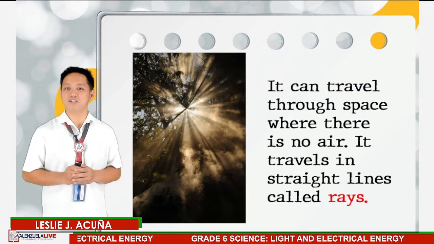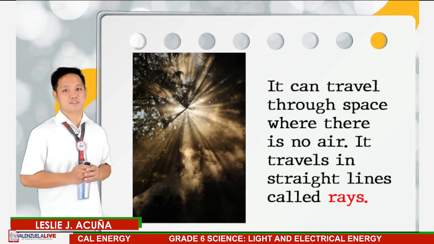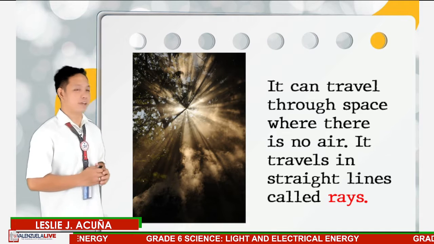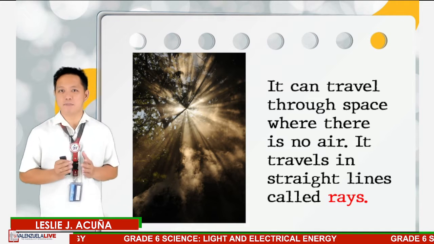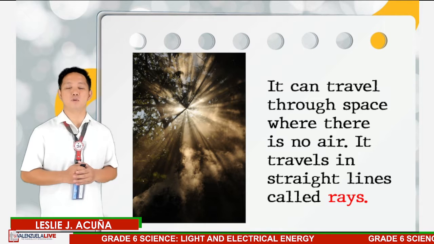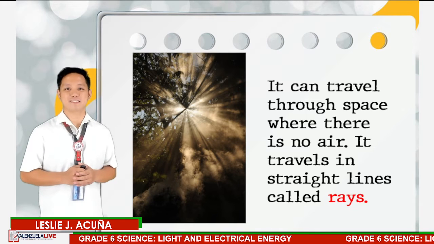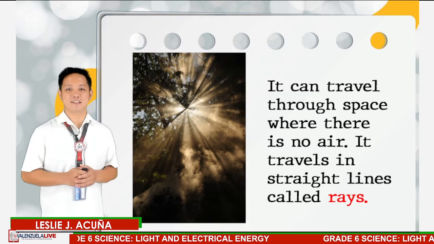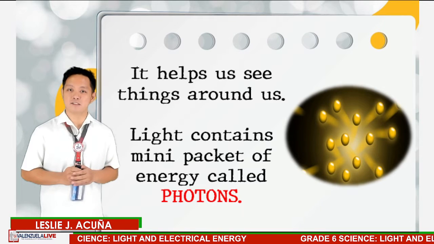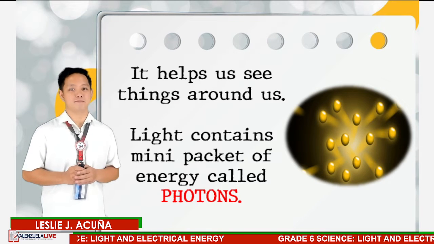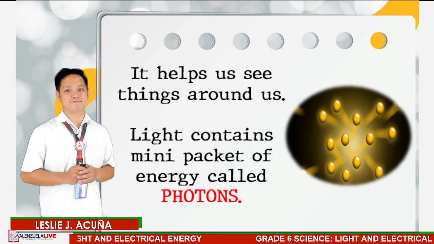Light can travel through space where there is no air. It travels in straight line called rays. It helps us see things around us.